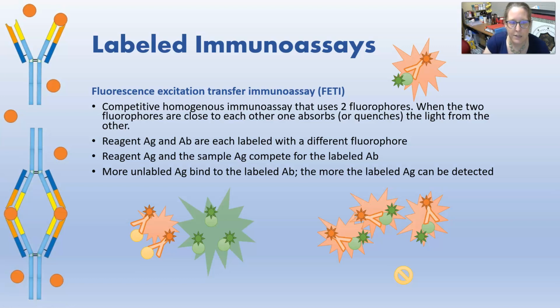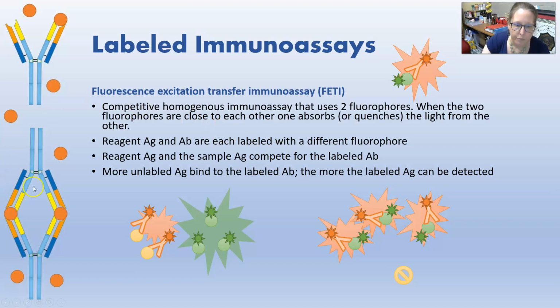And then the reagent antigen and the sample antigen will compete for the labeled antibody. The more sample antigen binds to the labeled antibody, the more the labeled antigen can be detected, because it's not going to be in close proximity with the labeled antibody, which could quench its light.